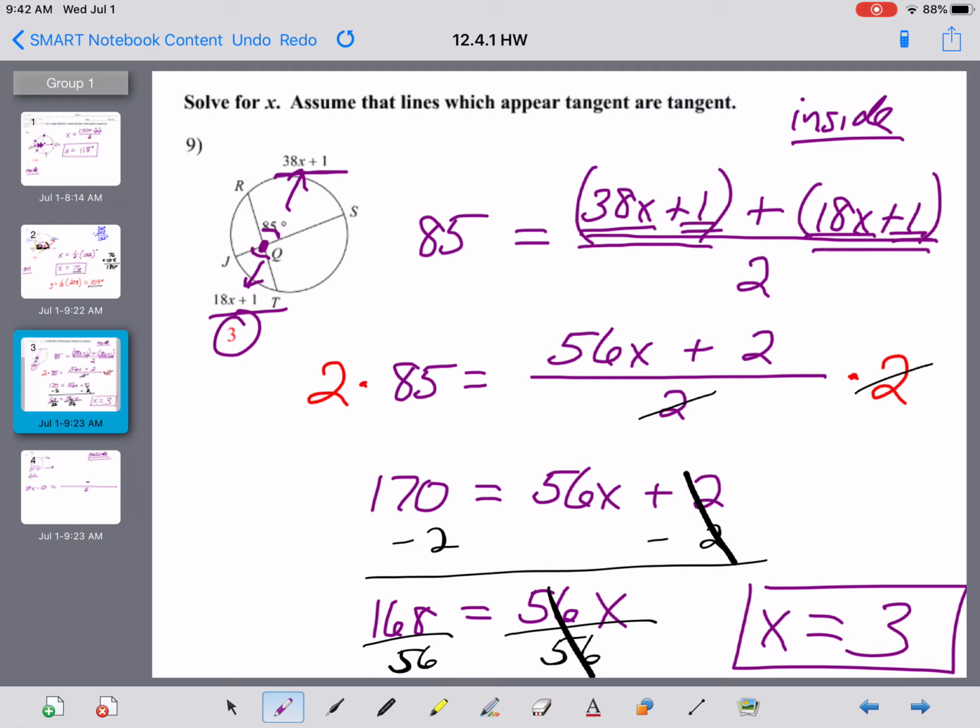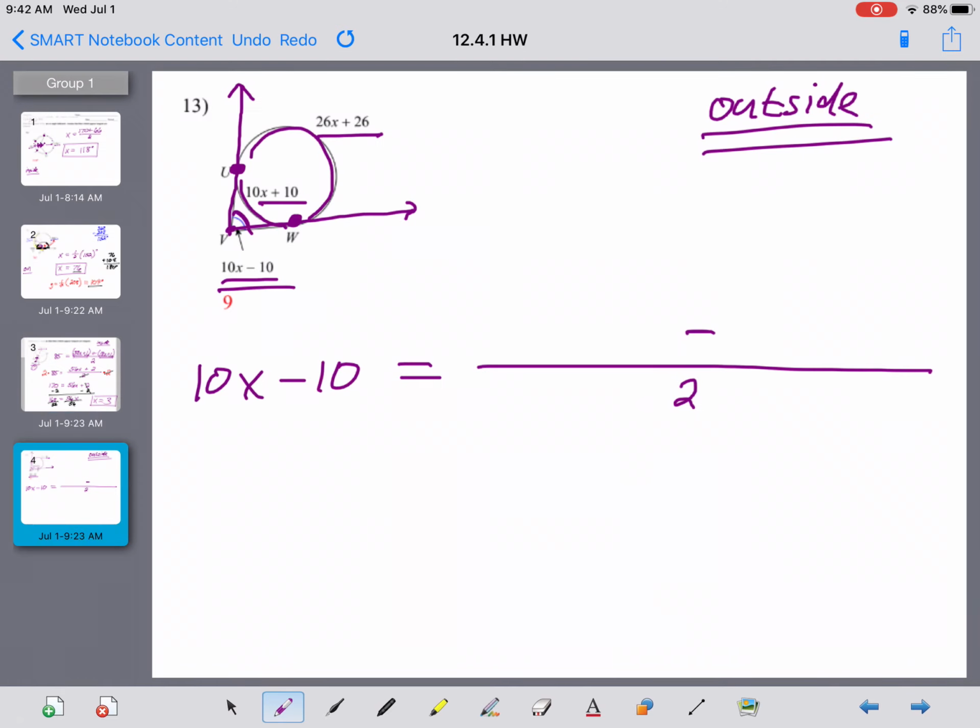Now, that wasn't necessary when you're adding, but in a problem like number 13, when you're subtracting polynomials, it is absolutely essential that you put those parentheses there in each spot. If you don't do that, you're going to make a mistake right here in the algebra and end up with a wrong answer. Now, another thing that matters when you're subtracting that didn't matter when we were adding is what order we subtract these in.